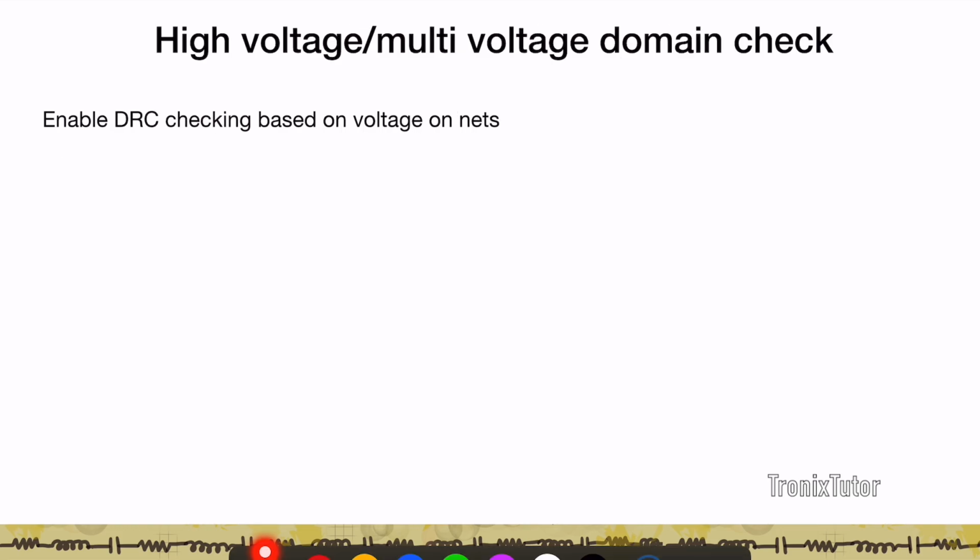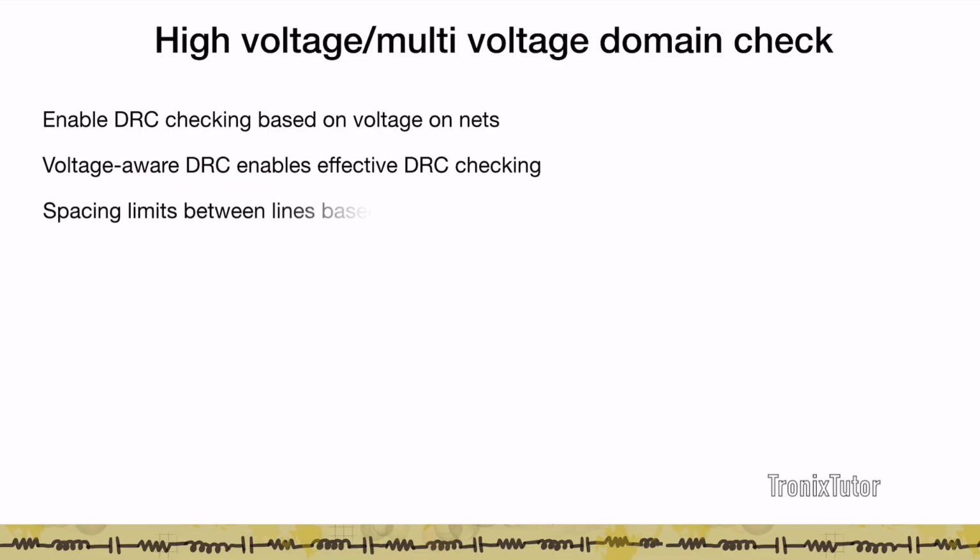And then, as I mentioned, when you have multiple voltage domains on the chip, you need to ensure that you have a DRC check available, specifically which is able to identify the voltage on the net and look for specific spacing and width rules for those domain checks. And this is known as the voltage aware DRC, and that is critical for an effective check on the DRC.